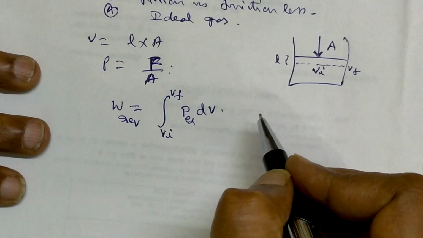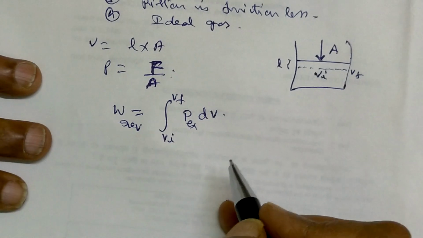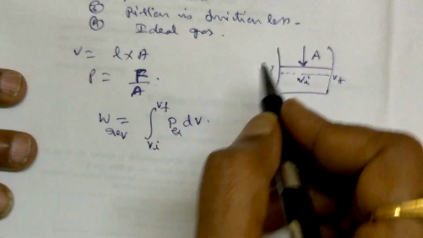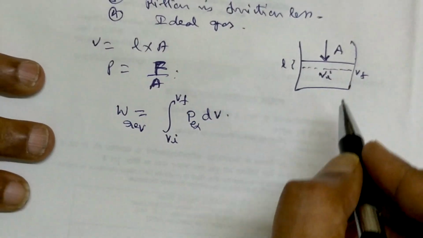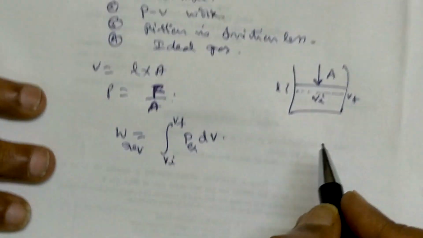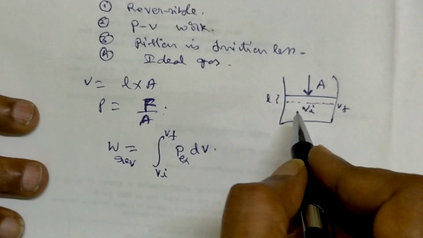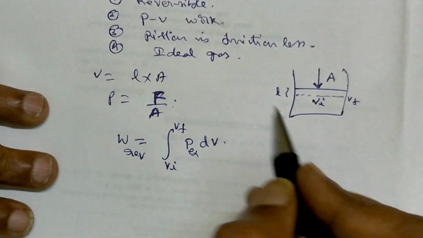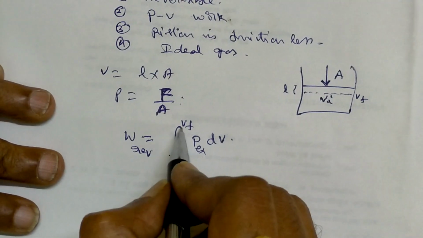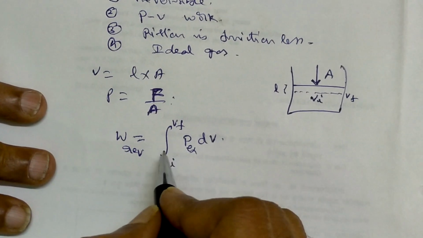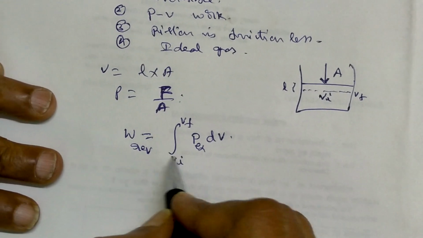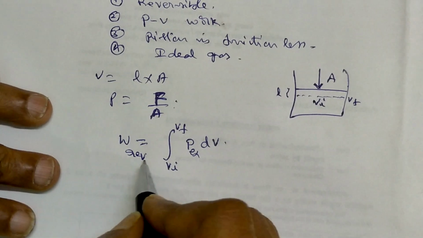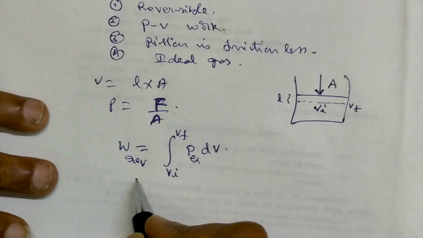Every minute it is coming down. What is coming down? The difference of the pressure is coming down, and the volume of the system is coming down. But pressure is going to equalize till the external pressure and internal pressure are equal. So for the summation, normally in mathematics we write it as an integral. So W reversible equals the integral of P dV.